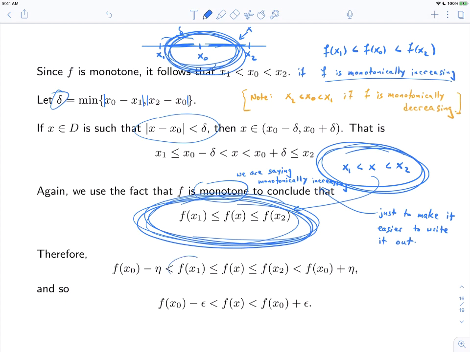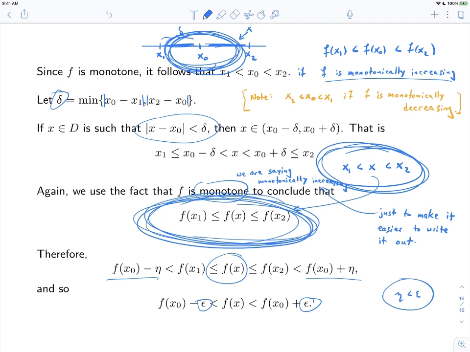Okay, well, f at x1 is bigger than f at x0 minus eta, and f at x2 is less than f at x0 plus eta. So in particular, that means f at x is between these two. f at x is within eta of f at x0, but remember, eta was chosen to be smaller than epsilon. So if f at x is within eta of f at x0, that means it's certainly within epsilon of f at x0.